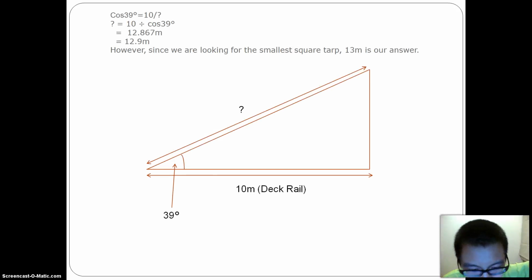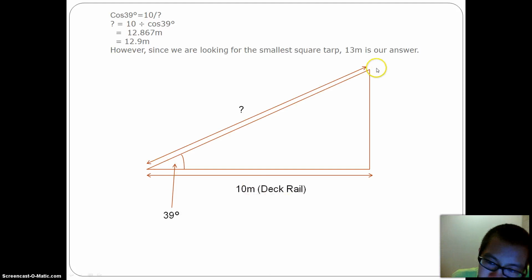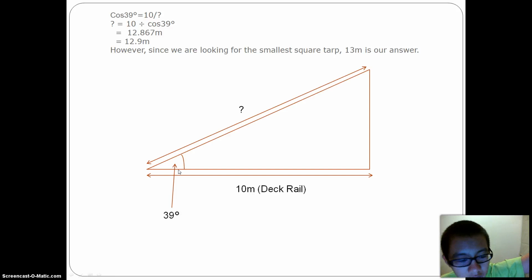So let's look. Okay, we have a 10 meter deck rail. This is the top, and this is 39 degrees. Alright, simple. So what are we going to use now? Trig ratios, right? So cosine 39 degrees.